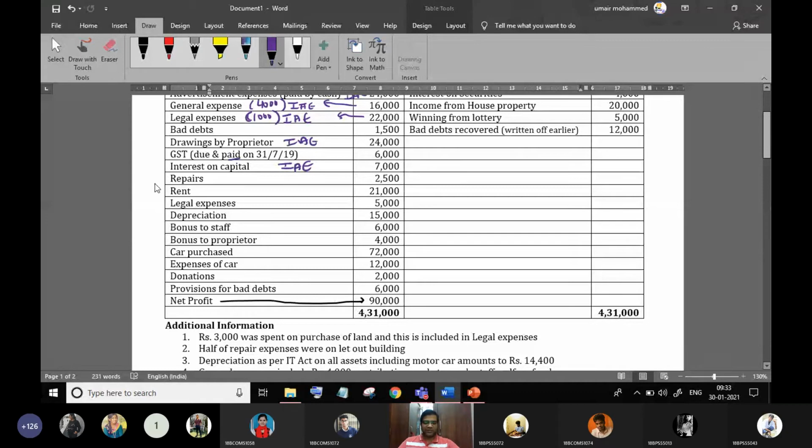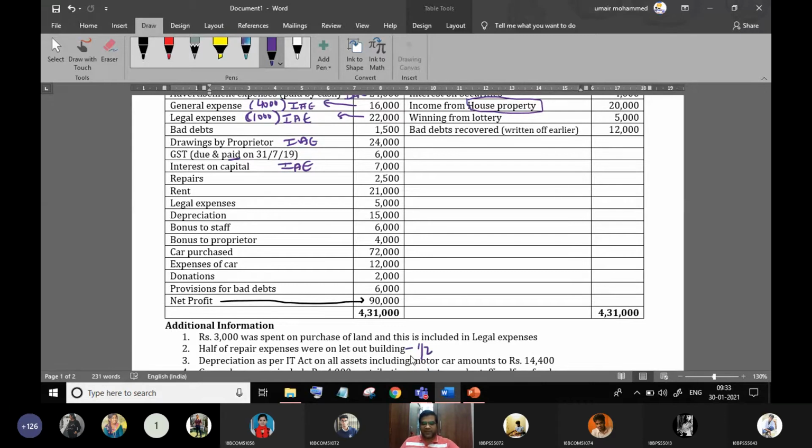But again, look at the adjustment. It says half of the repair expenses were on let out building. See here, he has house property, right? On this house property, he has spent half of the repair expense. So the remaining half he has spent on business property, but the other half he has spent on personal property, which is nothing but his house property.